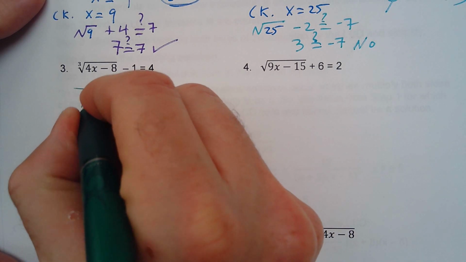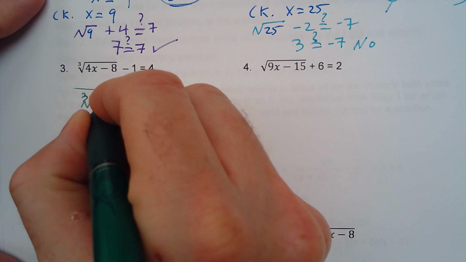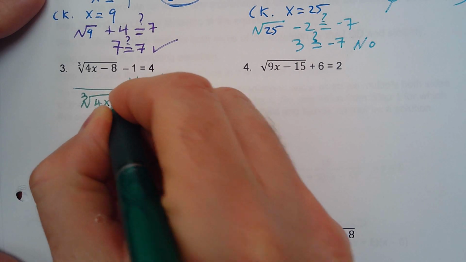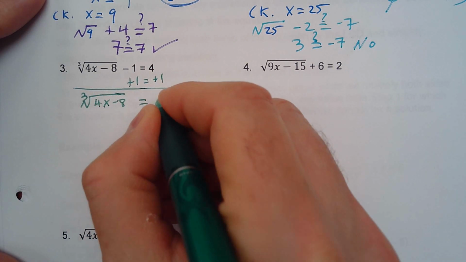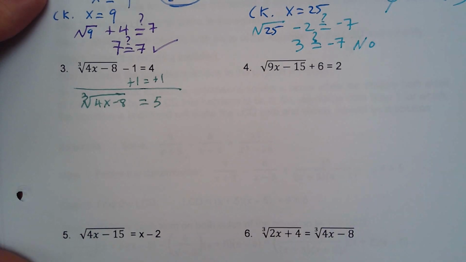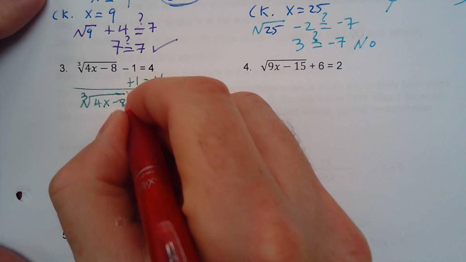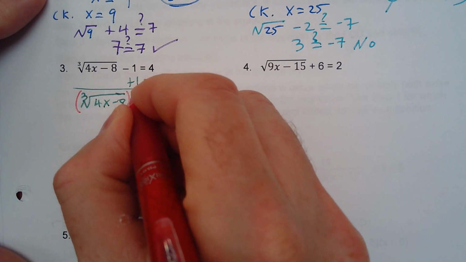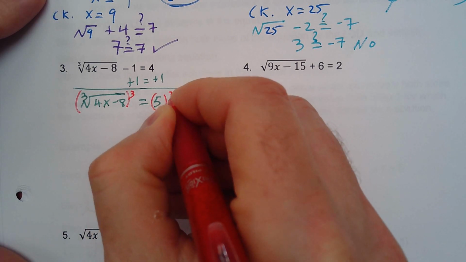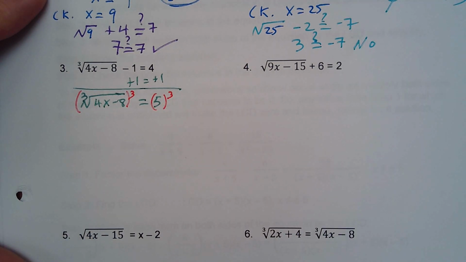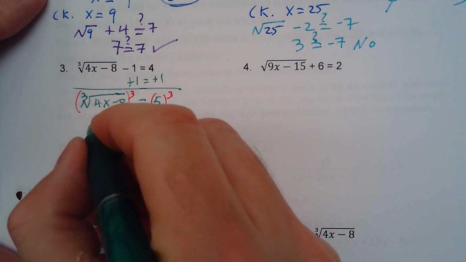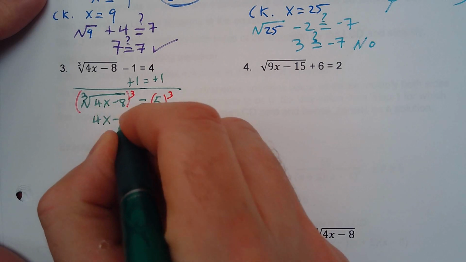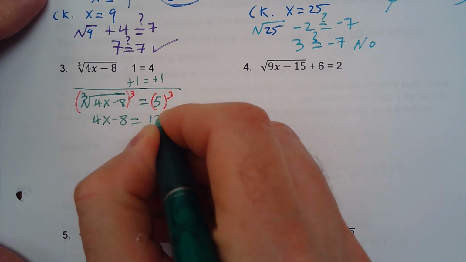So that gives me the cube root of 4x minus 8 equals 5. And so now I want to go ahead and I want to cube both sides. So when we do that, that gives us 4x minus 8 equals 125.